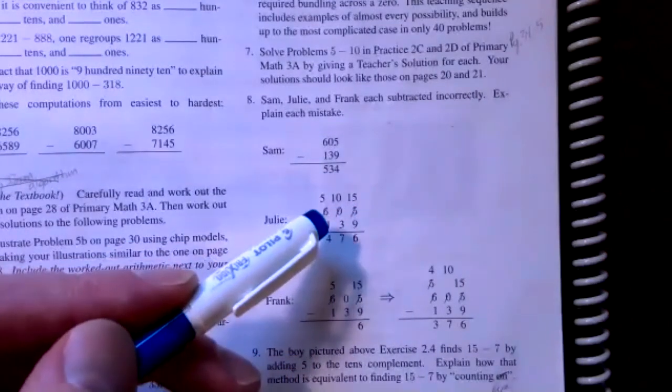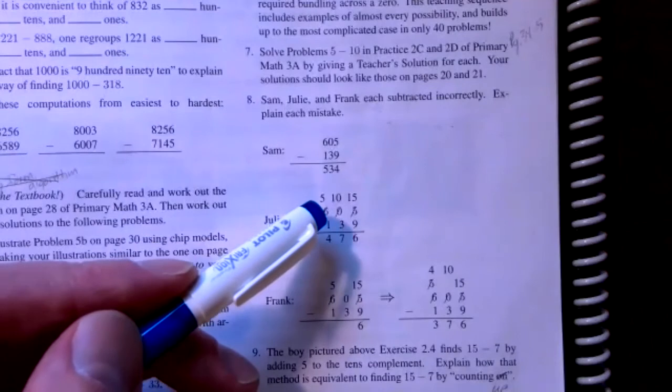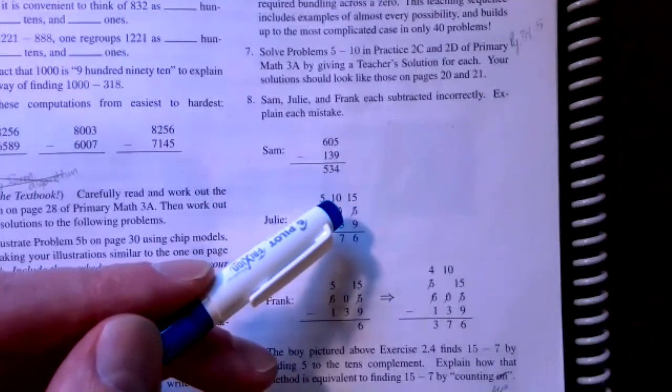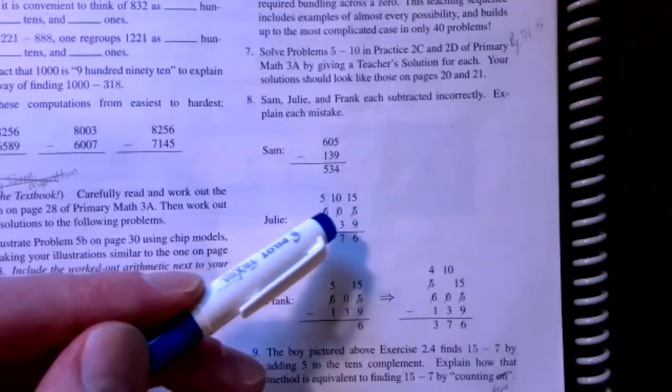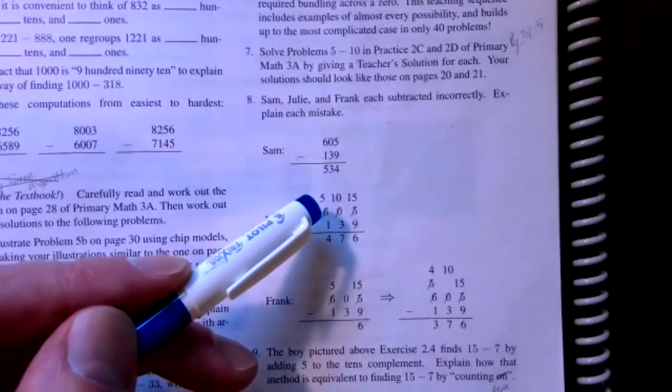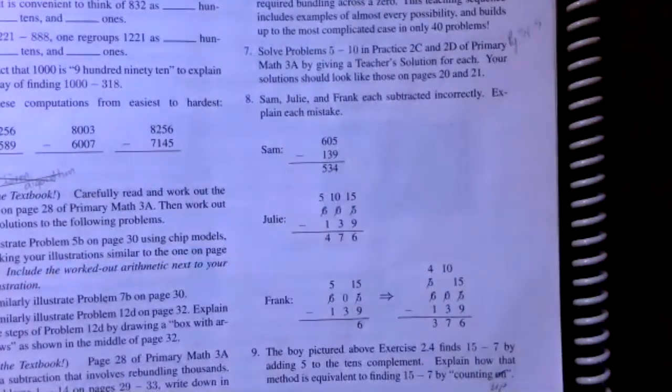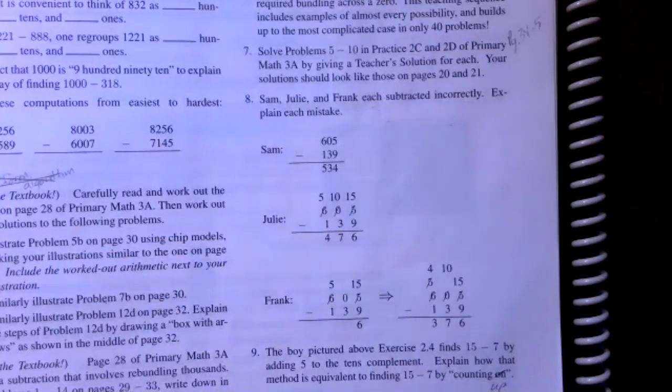Okay, that's a fairly tricky part of the subtraction algorithm: what do you do if there's nothing to borrow from here in the next place over and you have to go over an additional place. Okay, so she looks like she missed a step there. So our answer would be a sentence or two explaining what Julie did wrong and what she needs to do to fix it.